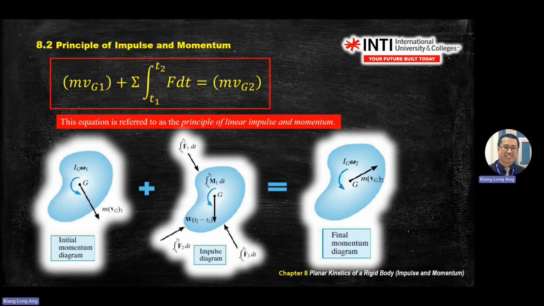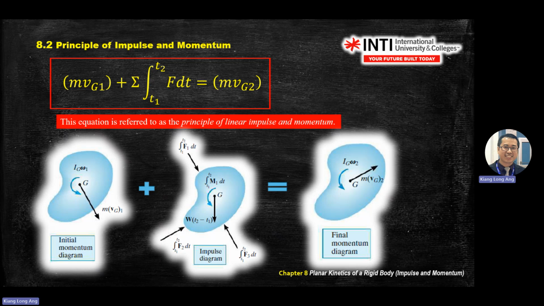So this is the initial momentum diagram plus the change of impulse, F multiplied by time. Here you see this is your initial momentum diagram, this is the impulse diagram, and this is the final momentum diagram. These are the diagrams that we expect to see in your solution.